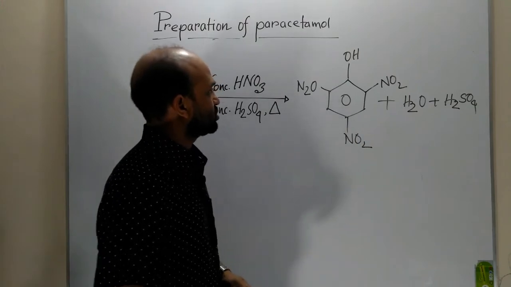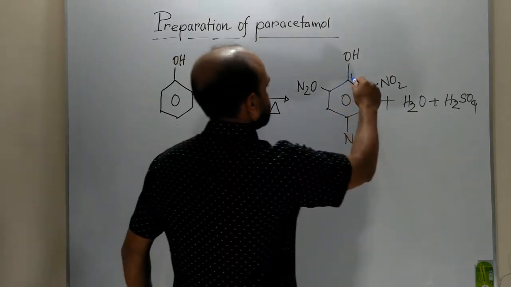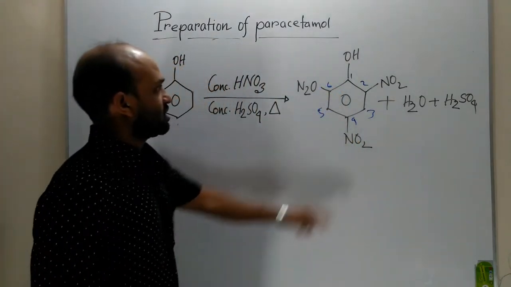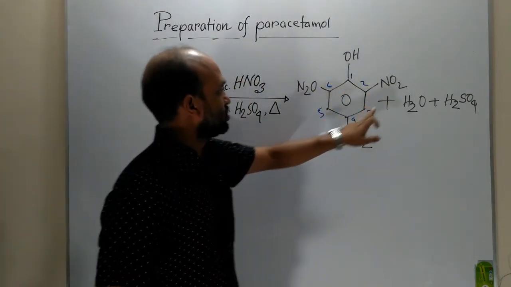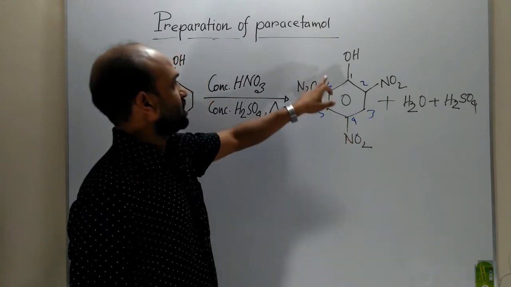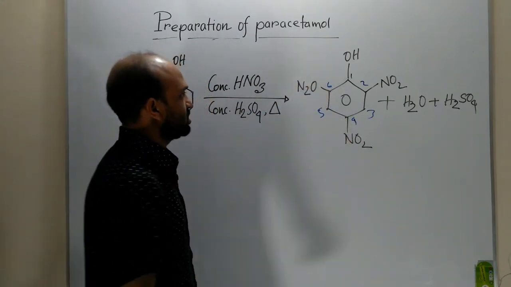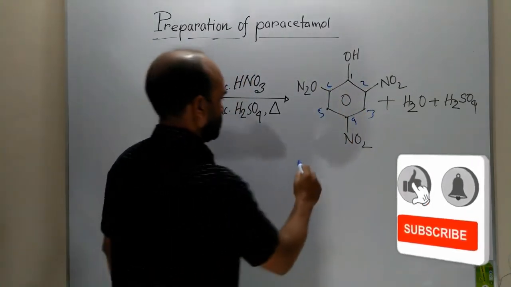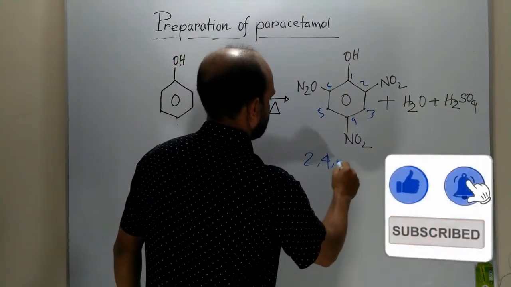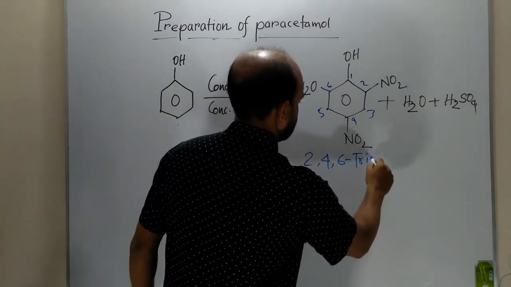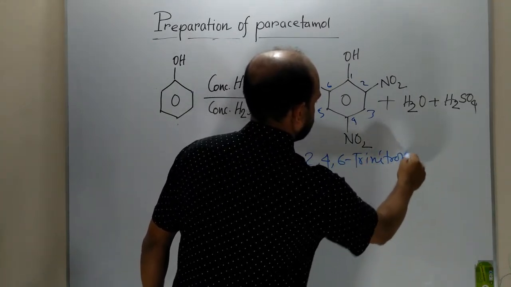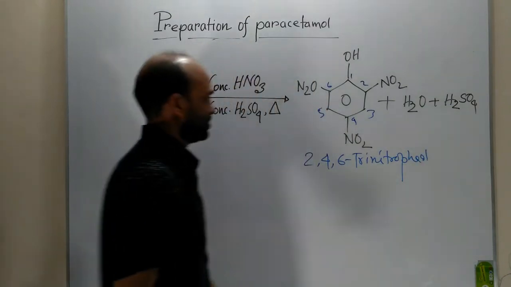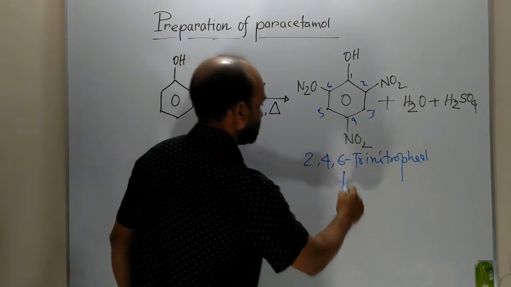So what is the name of this compound? We see at carbon 2 one nitro group, 4 another nitro group, and 6 another nitro group. So its name is 2,4,6 trinitrophenol. Its another name is picric acid.